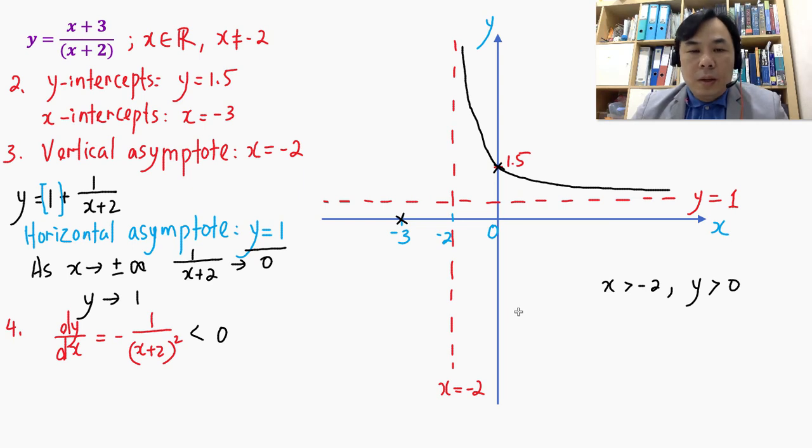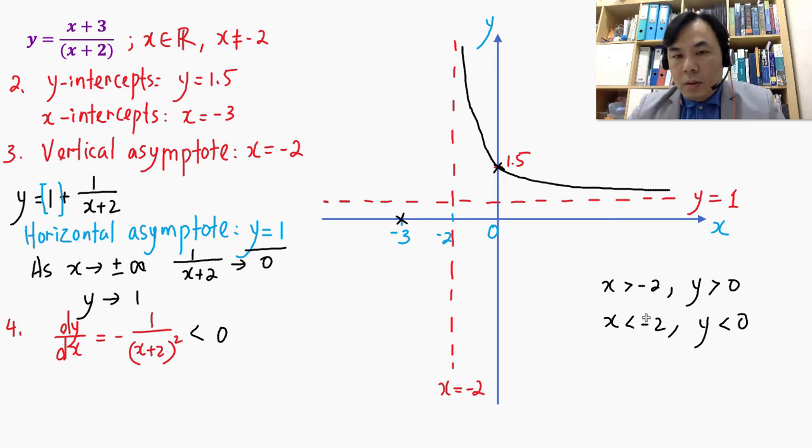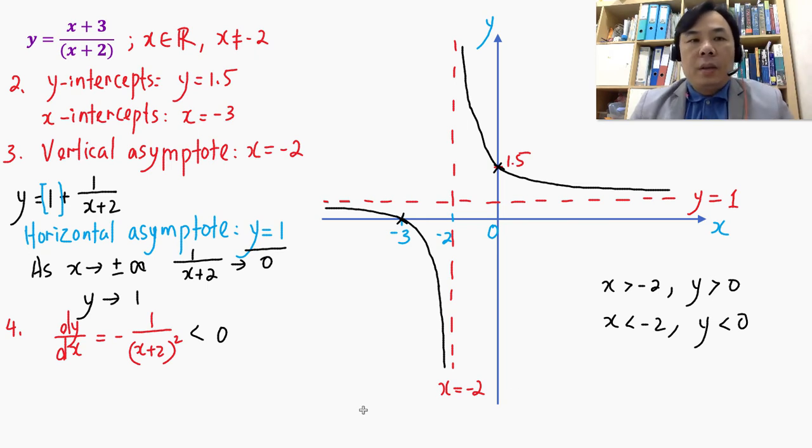That's the first part. And then the same thing goes for x less than -2. Anything less than -2 here will be negative. So therefore, it's supposed to pass through here. So it's going to go down, go very close there. And then there you have it. That is our rational function for improper fractions.